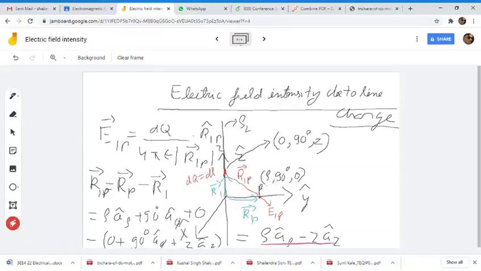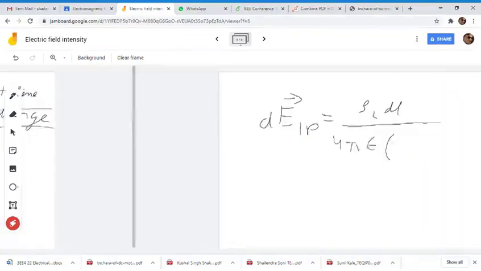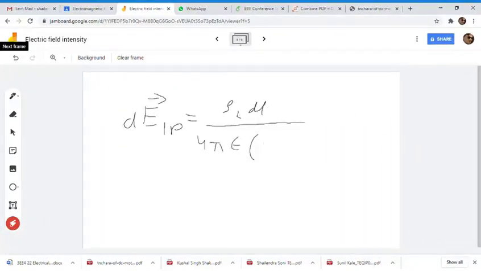The mod of r1p will be rho square plus z square under root, and we have to take the whole square. The electric field is inversely proportional to the square of the distance, so it will be the under root and the square of that.